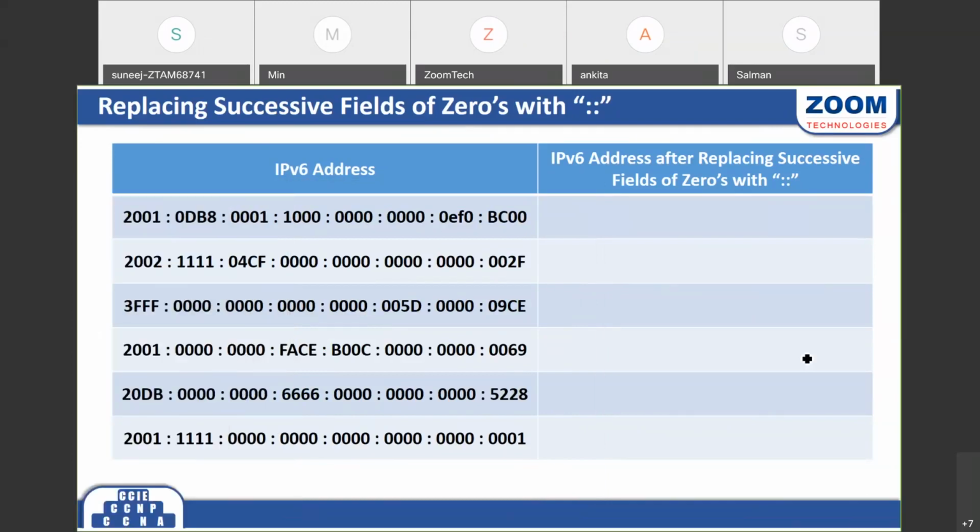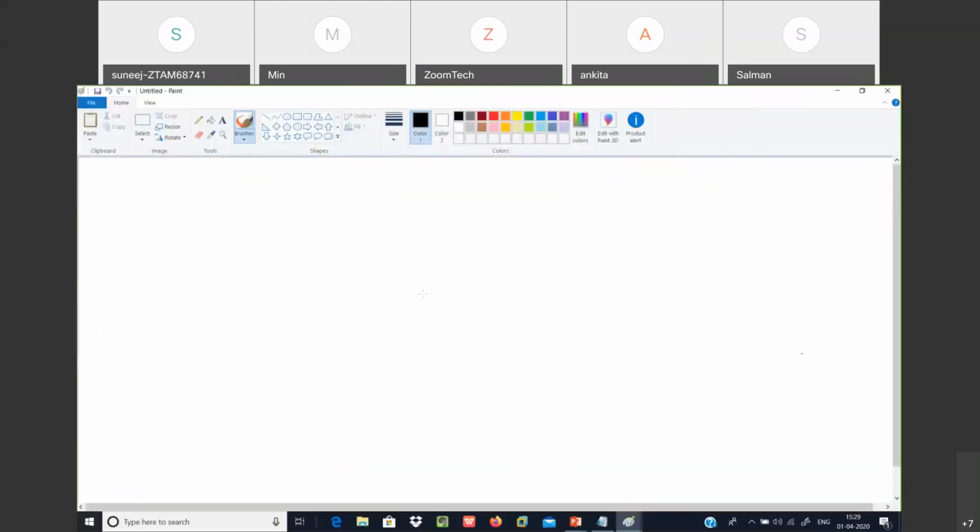And again, back to IPv4 addresses. Let me ask you some questions about IPv4 addresses. In IPv4, 0.0.0.0, which address do we call it?